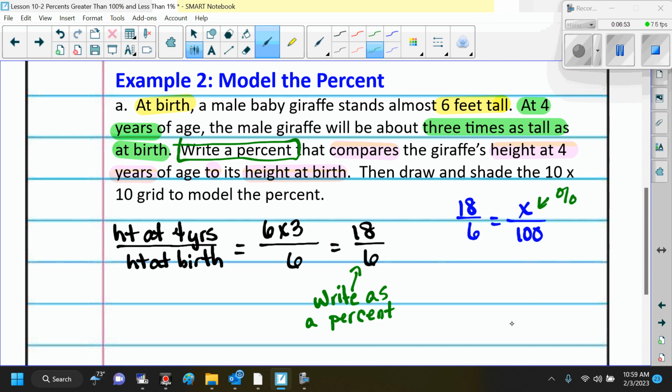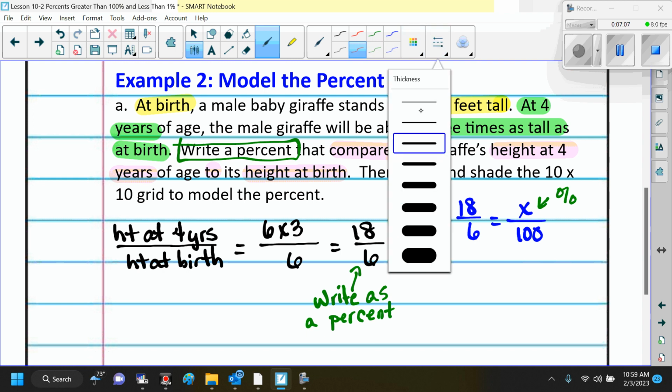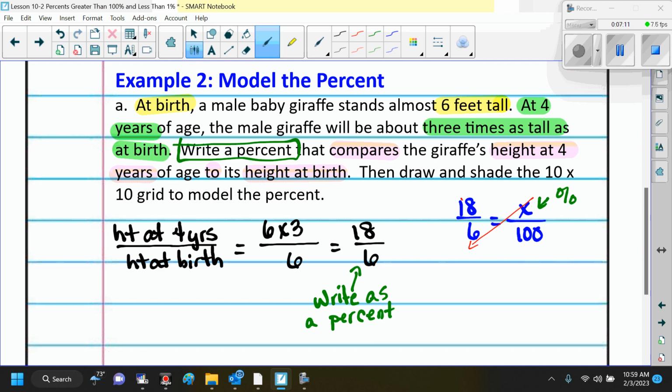So can I get from 6 to 100 directly? So how am I going to solve for x? What was that one method we used? Right. We're going to cross multiply. Very good. So, cross multiplication. It's my favorite.